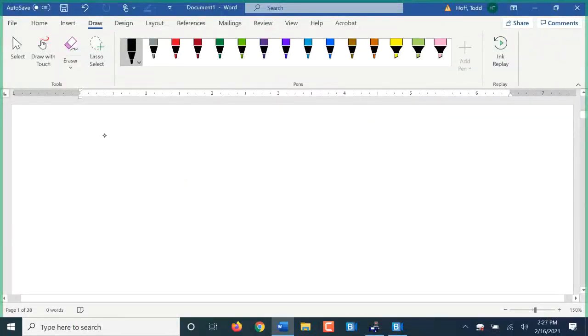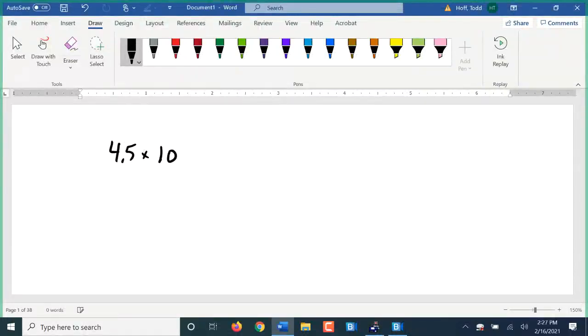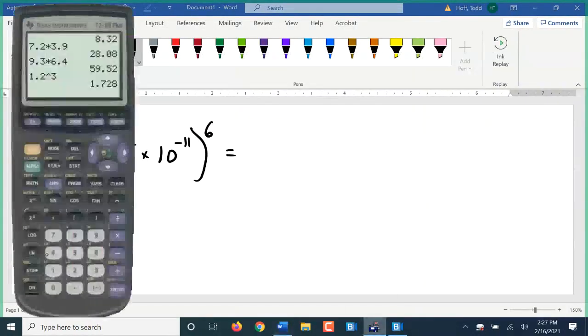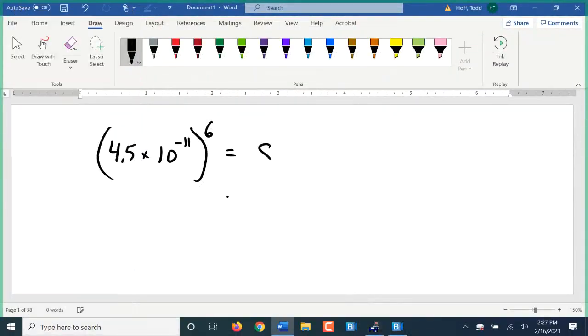We might have 4.5 times 10 to the negative 11th, to the power of 6. 4.5 to the power of 6 is 8,303.77, we're going to call that.